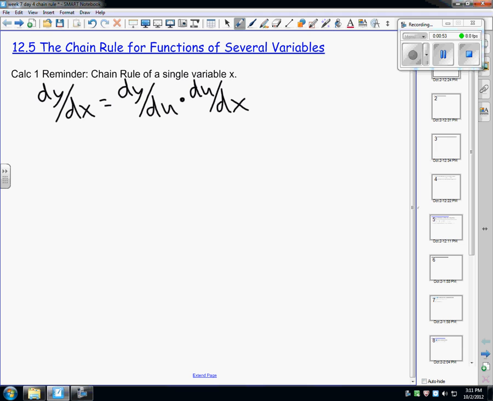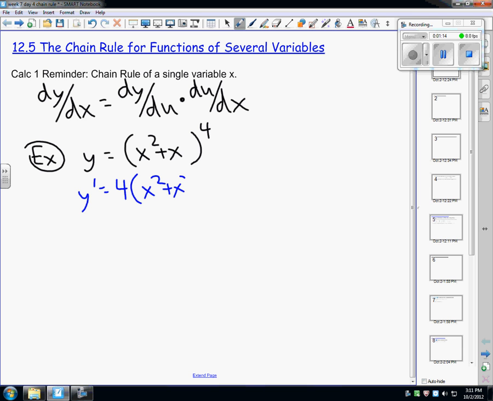So if I had an example, I could say y equals, let's go with x squared plus x to the fourth. Now you guys are really good at taking derivatives, and you could just say y prime is 4 times x squared plus x to the third times the derivative of the inside.